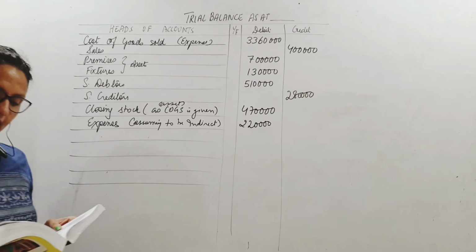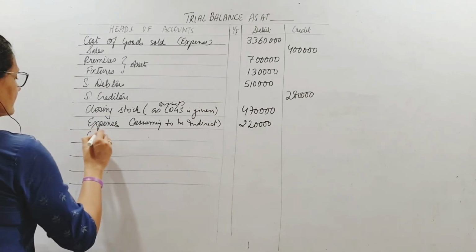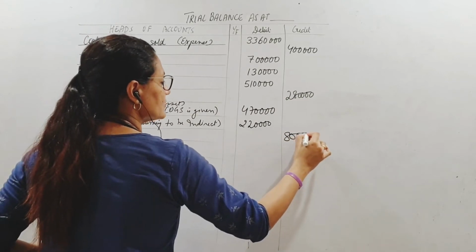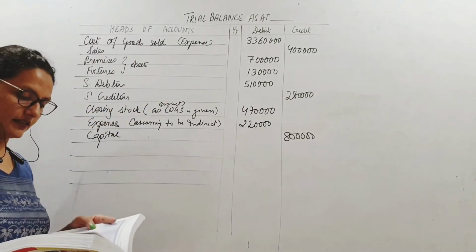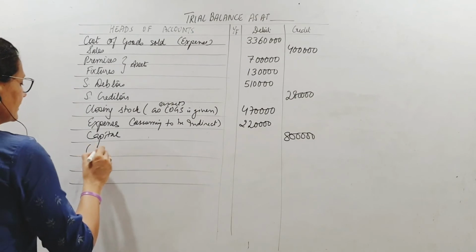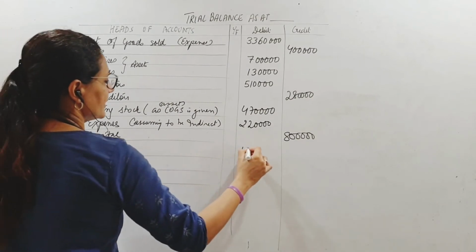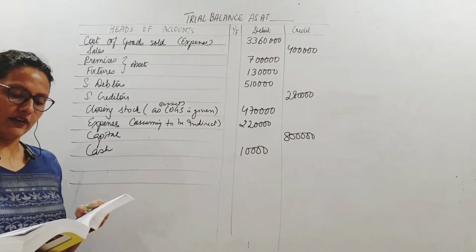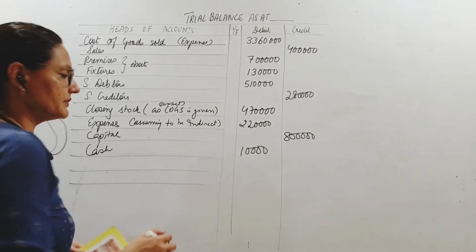Okay, capital, cash. Capital 8 lakhs always on the credit side. Yeah, it's a liability. Cash is 10,000, obviously an asset to me. PNB overdraft. PNB is Punjab National Bank.